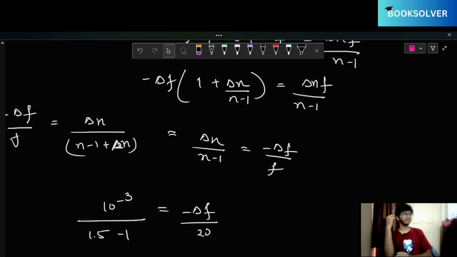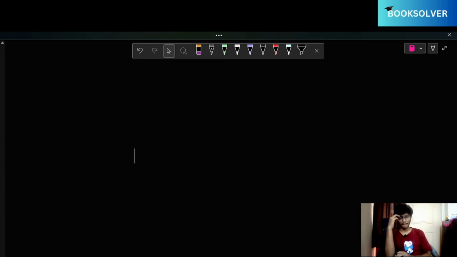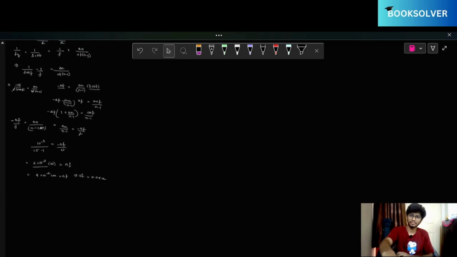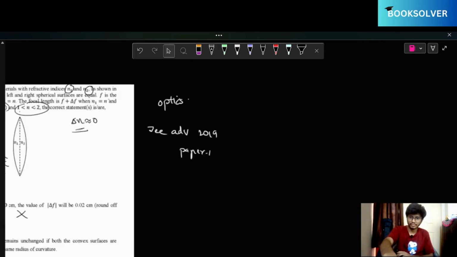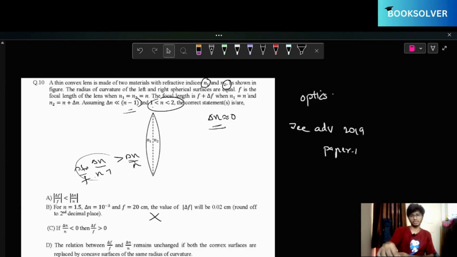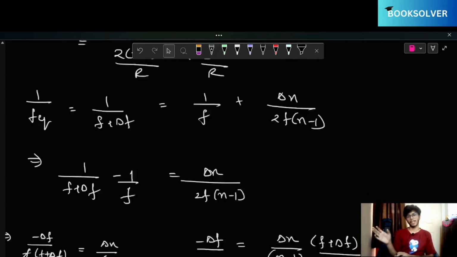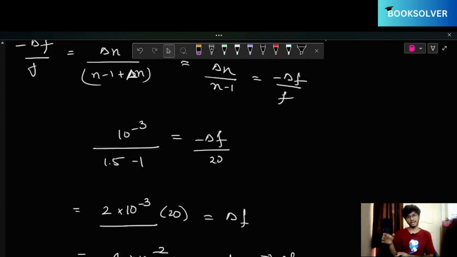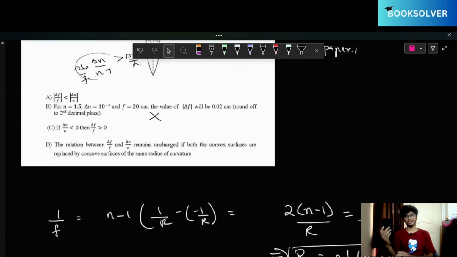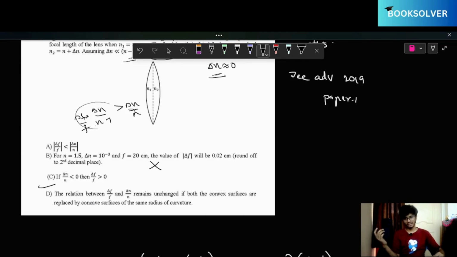N is between 1 and 2, so N minus 1 will always be positive. So if delta N by N is negative, delta N by N minus 1 is also negative, which implies delta F by F will be positive from this equation. So we can say that this is true.